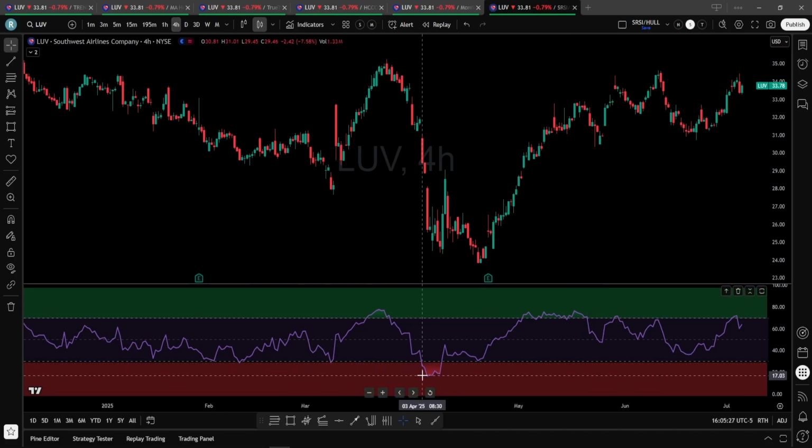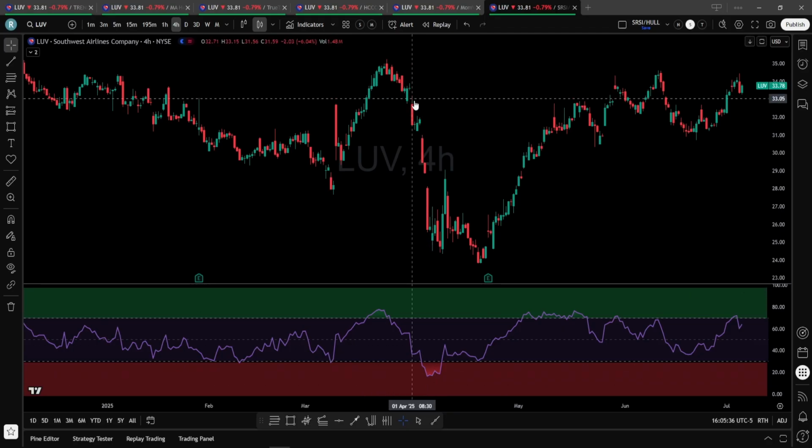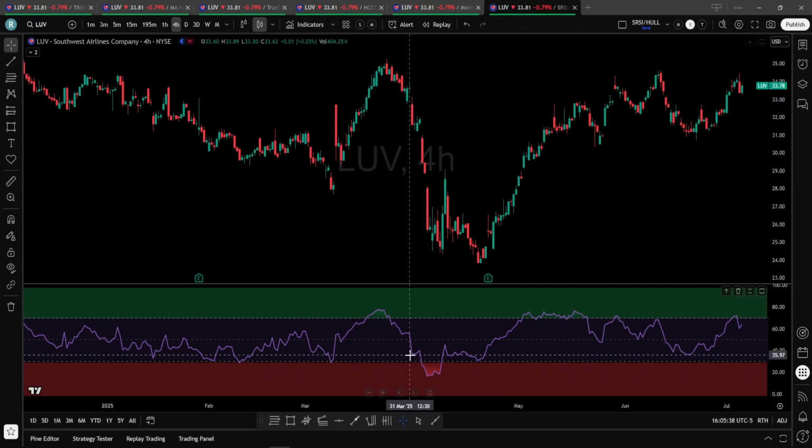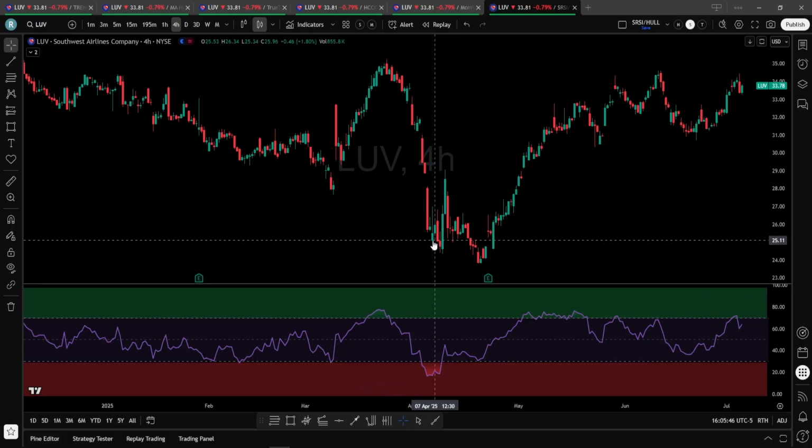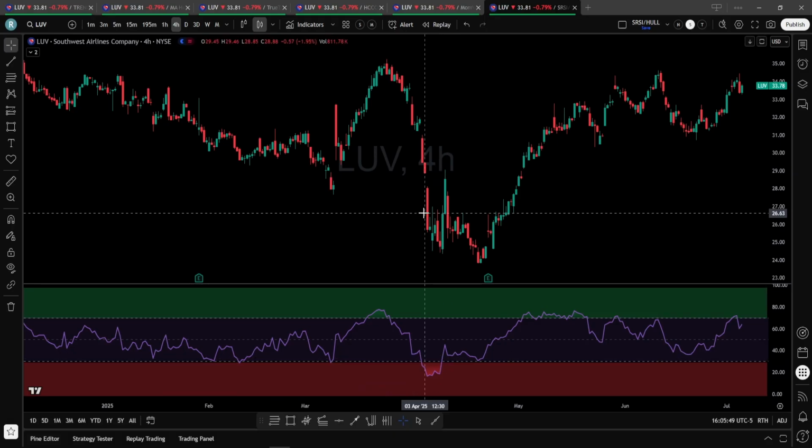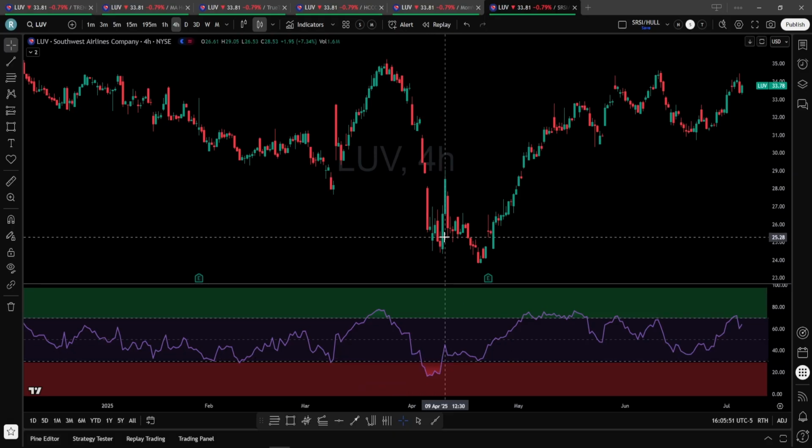Here you can see, for example, that the RSI has moved down into the oversold zone. This was after it had been moving down quite a bit. But it is when it has moved back up above the 30 line here that you can feel confident that you have your short-term swing bottom in.